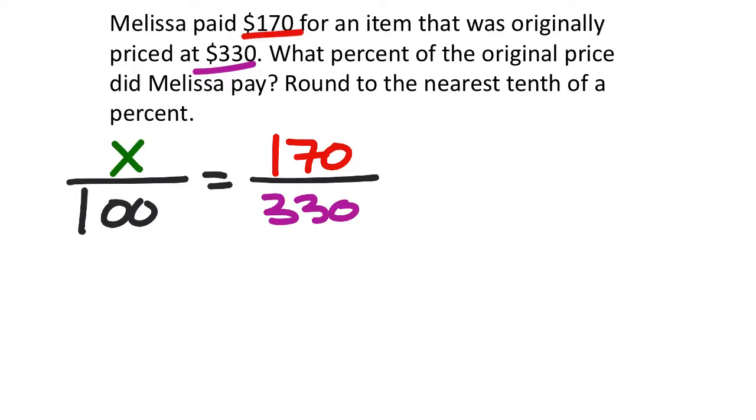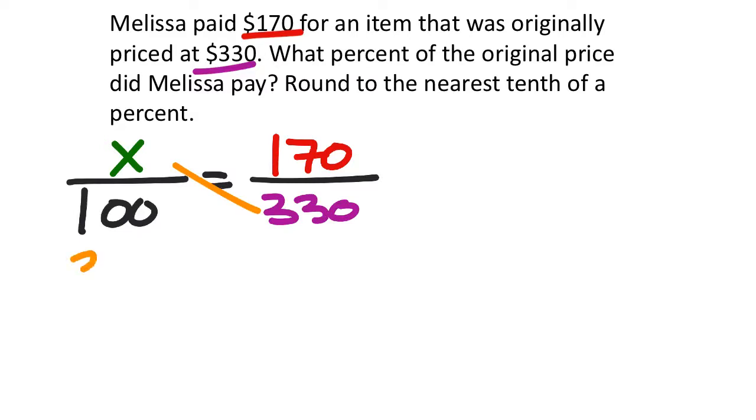Well, we're trying to figure out what 170 is as a percent of 330. So hopefully that makes sense why we use the is and of wording in setting up the percent proportion as well.